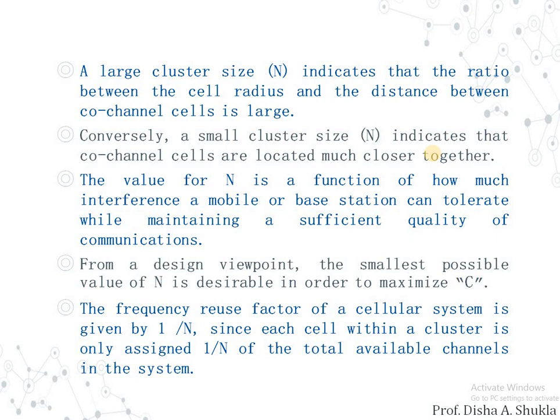So that is dependent on the cluster size, where the cluster size is given by the values of i and j, and by the equation i square plus ij plus j square. So this is all about the frequency reuse reduction ratio.